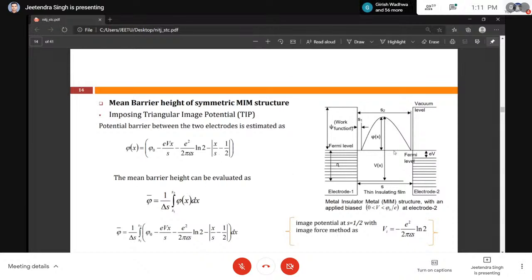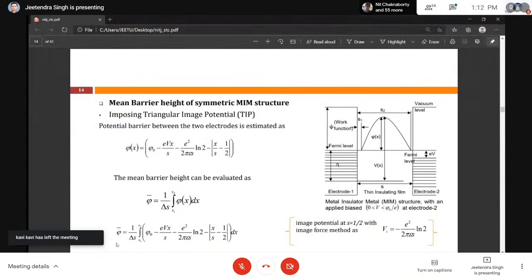So for the mean barrier height, you can see that the barrier extends from S1 to S2. We have to develop a relation which gives the mean barrier height. The mean barrier height can be calculated by 1 by delta S, where delta S is nothing but S2 minus S1, the limit of the barrier. If we integrate this barrier from S1 to S2, it will give the mean barrier.